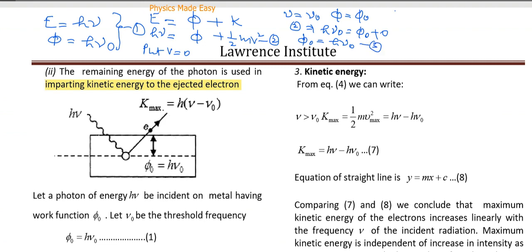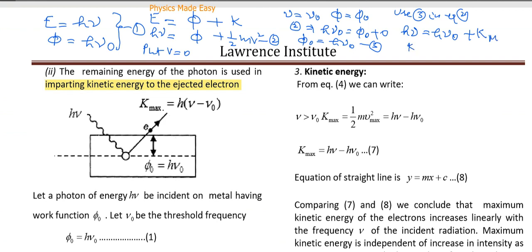Now, use 3 in equation 2. So, what I will get is h nu is equal to h nu naught. Now I will write here kinetic energy by K max.